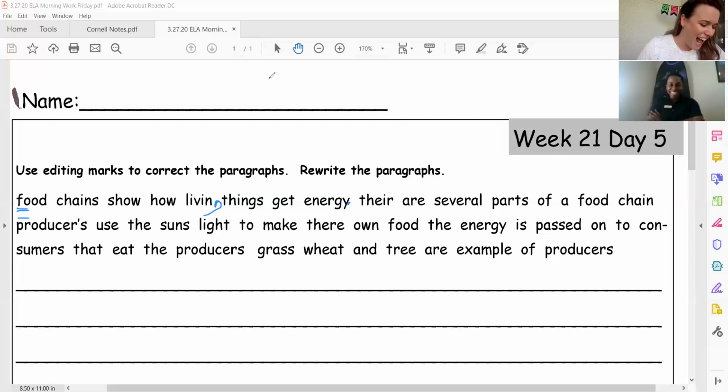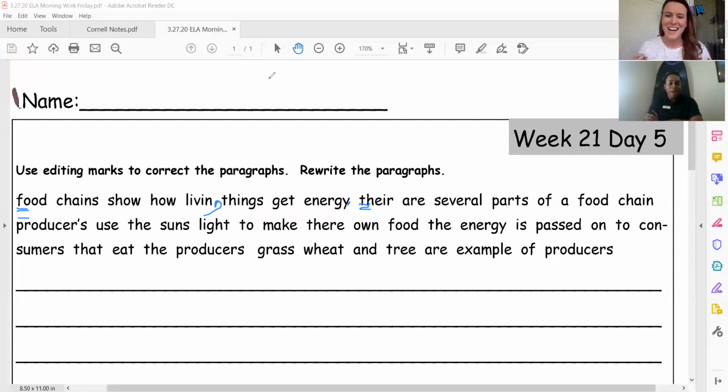Okay. Now we are going to go over the next sentence. There are several parts of the food chain is the next sentence. So you capitalize the T, but that there is the wrong there. Remember we talked about it, it's a homophone. That there means like there, like it belongs to them. It's one of those possessives, Mr. B. Did you know that?